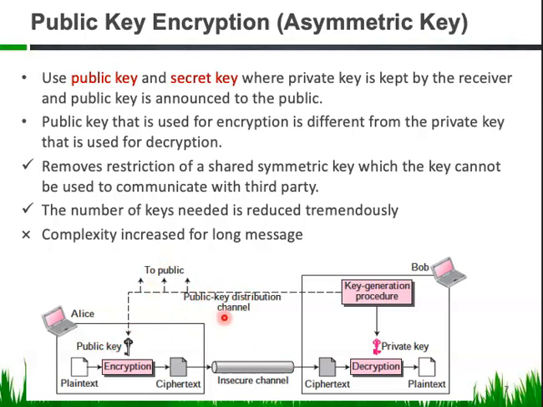If I want to communicate with all students in my class, and there are 7 students, then I need 7 public keys, one for each of you. In other words, Alice needs a ring of public keys. The disadvantage of this method is increased complexity for long messages.